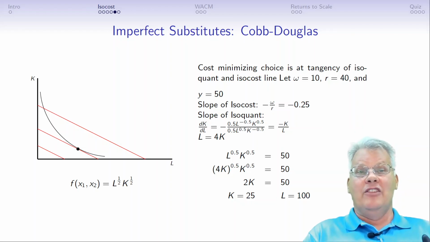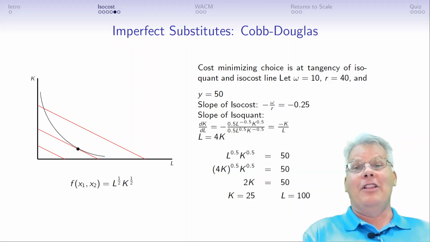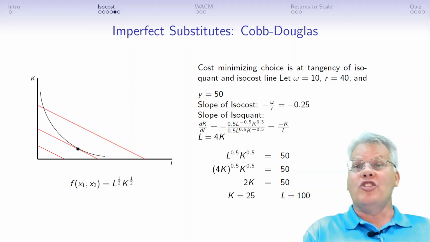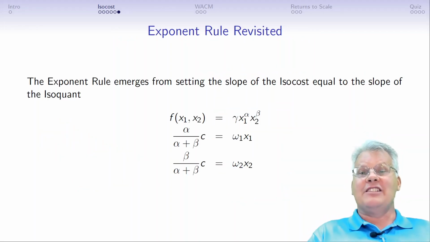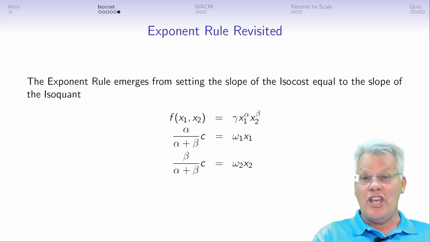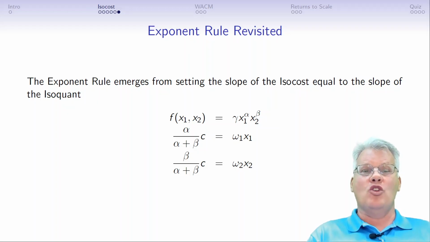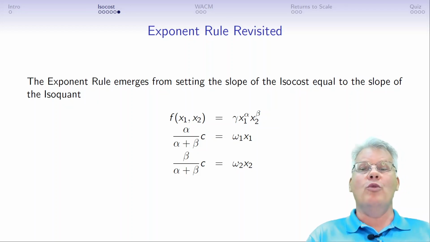It was the sort of problem we could solve once and then apply this general solution universally. And happily, that result also holds for the theory of the firm. The exponent rule applies. So from setting the slope of the isocost line in general equal to the slope of the isoquant in general, we can derive the exponent rule.